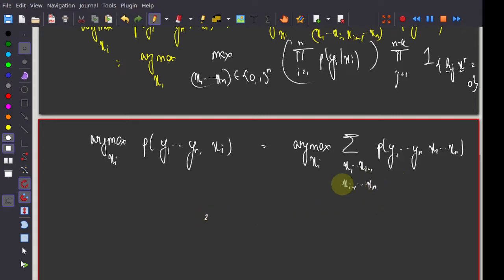And this is equal to, again, I can replace p(y1 through yn, x1 through xn) as p(y1 through yn given x1 through xn) times p(x1 through xn), which is some constant times this. So there's some renormalization required for the probability of x1 through xn, but all code words occur equally likely.